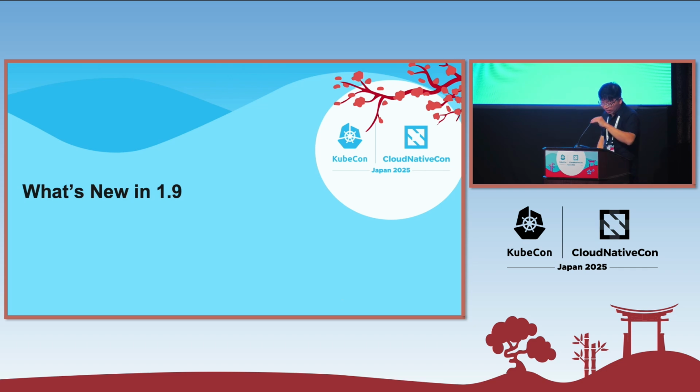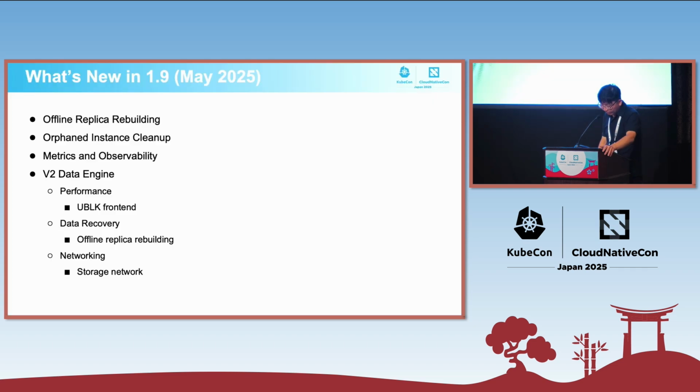Okay, we can talk about what's new in 1.9. 1.9 was just released in May, last month. We introduced several key features. The first one is offline replica rebuilding. Before adding this feature, Longhorn was unable to rebuild failed replicas of a detached volume, so if your volume is detached, Longhorn cannot protect the data.